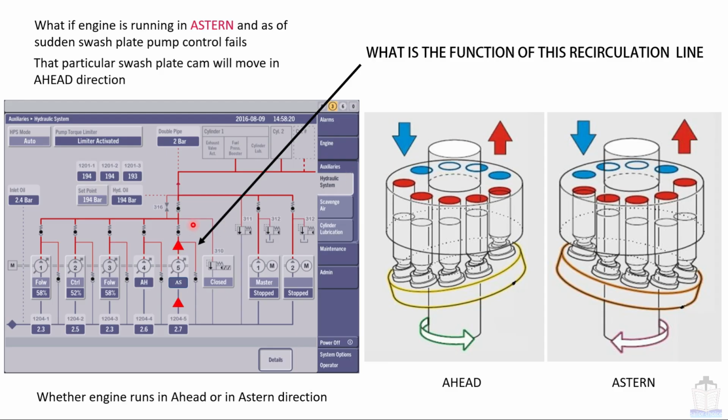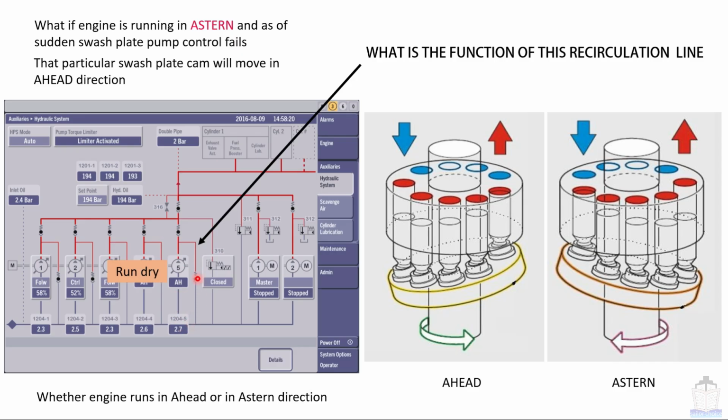right? Now here you can see that a non-return valve is fitted, and as a result of it this pump will start running dry. So in order to safeguard the pump, this recirculation line has been given, which facilitates this pump to take suction from the inlet line and also discharge leads to the inlet line itself.